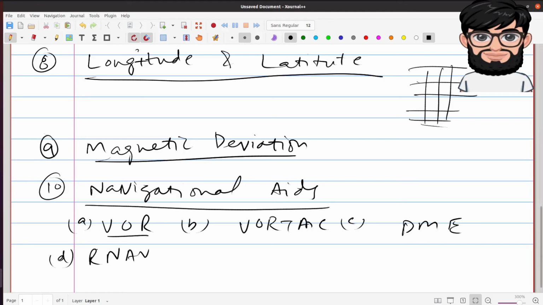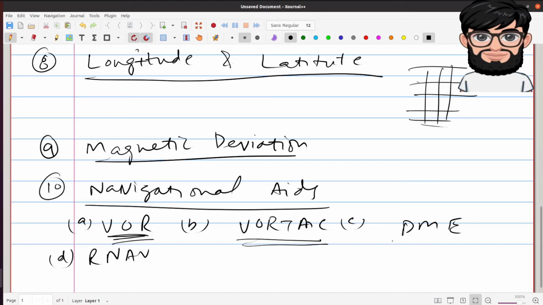VOR stands for very high frequency omnidirectional range, and VORTAC is the VHF omnidirectional range with tactical air navigation, like Cessnas have it.